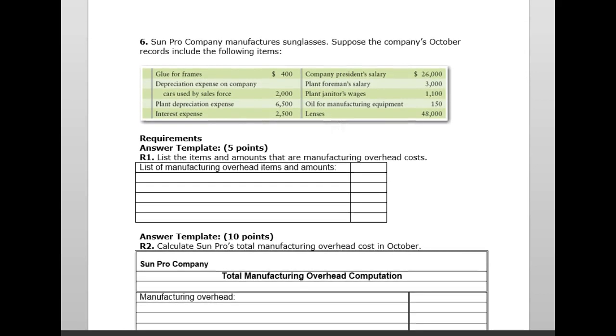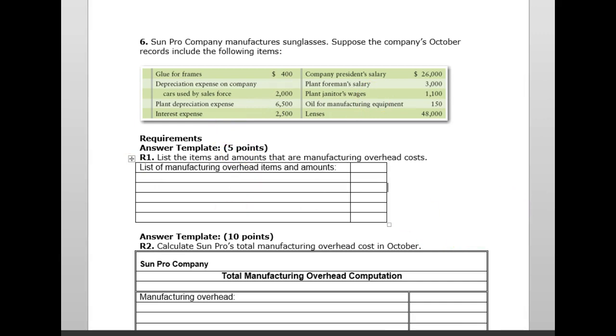On number 6, now you're going to list manufacturing overhead. Again, I think page 949 will help you. Those are the product costs. And then I'm trying to find here, how do manufacturing companies determine the cost of manufactured products, and that's on page 949. Which will help walk you through there. What you're going to do is, what is manufacturing overhead up here?